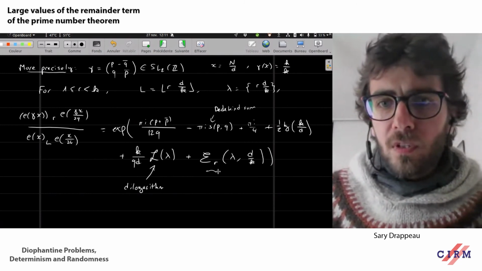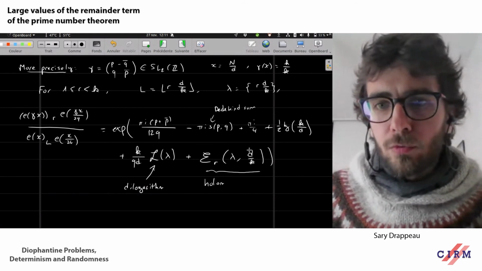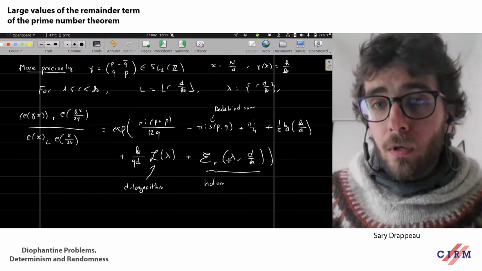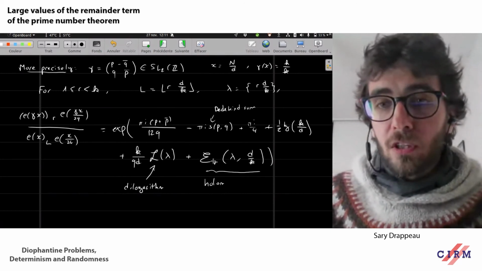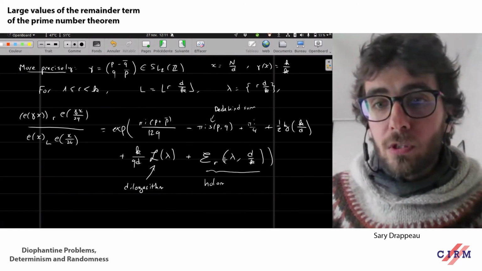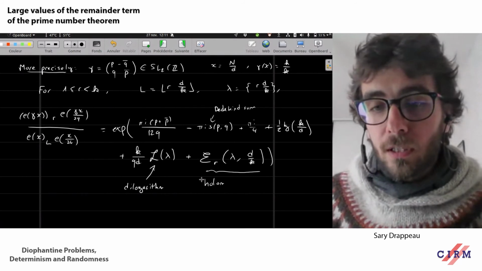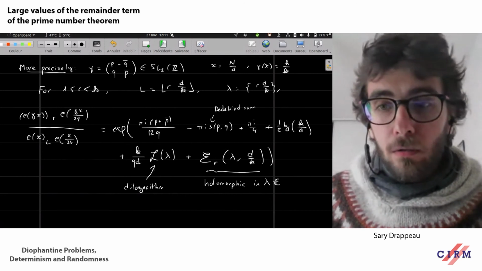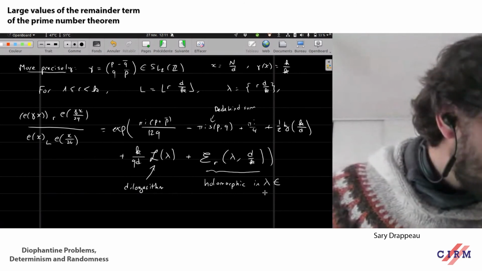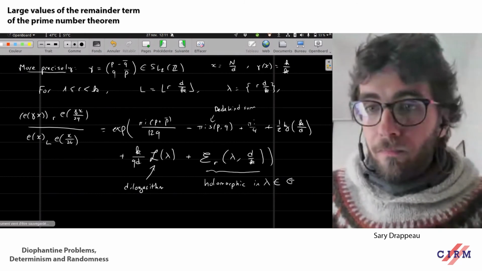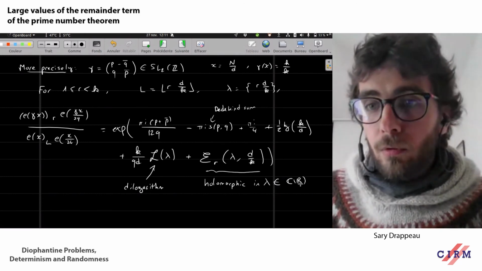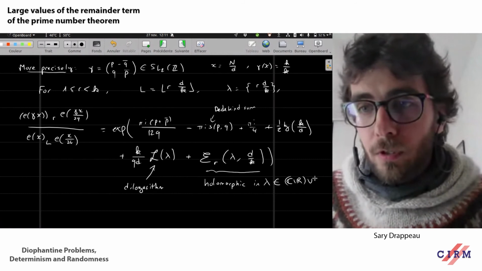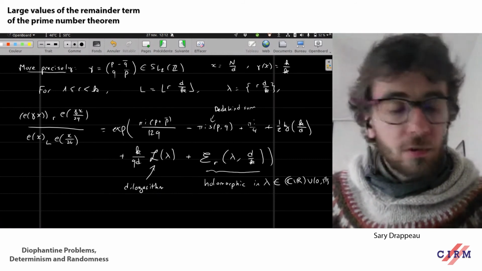And the main point is that this error term is a function which depends on L and on lambda, and it has an expression depending on lambda which makes it extendable to a holomorphic function in lambda. So in this set, let me see. Okay, whatever. It's some other set, more general than this one.